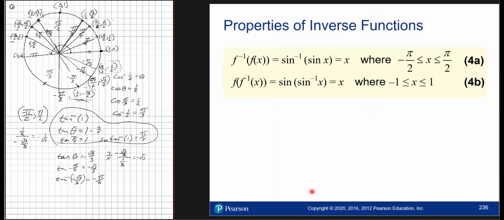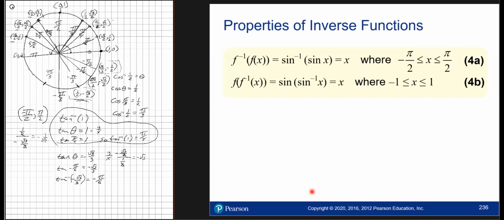Okay, properties of inverse functions. When you compose the two functions, that means you put one function inside the other one. You get the argument back. So sine inverse of sine gives you x, and sine of sine inverse gives you x.